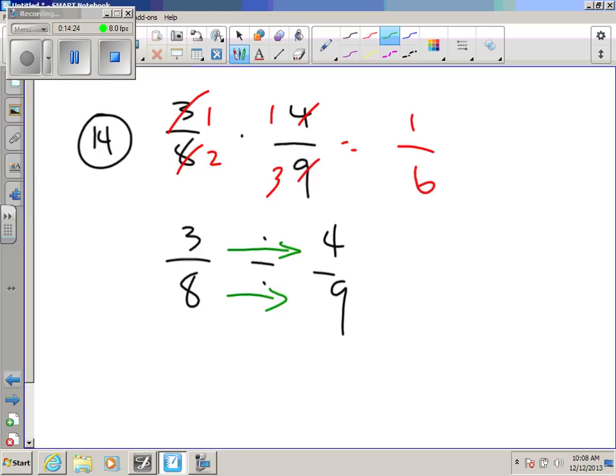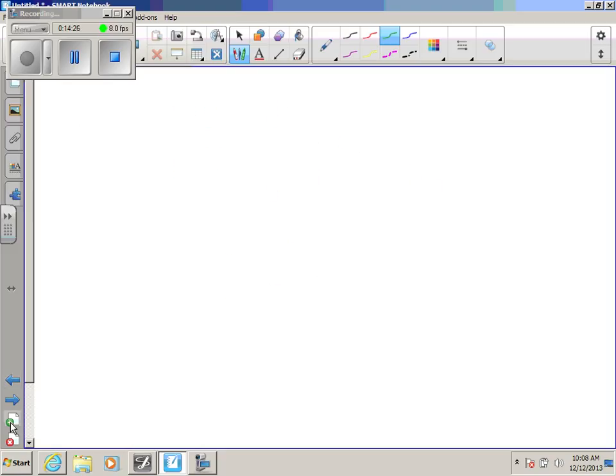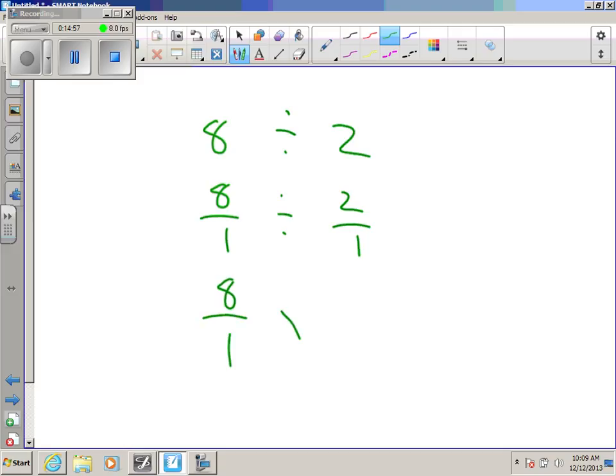Remember, I've shown this to you this way. If you were using division, how would you cut something in half? You would divide by 2. So let's take, for example, 8 divided by 2. You all know ahead of time the answer is going to be 4. But if I'm going to set it up in a fraction form, and I say it's division, I'm going to flip.